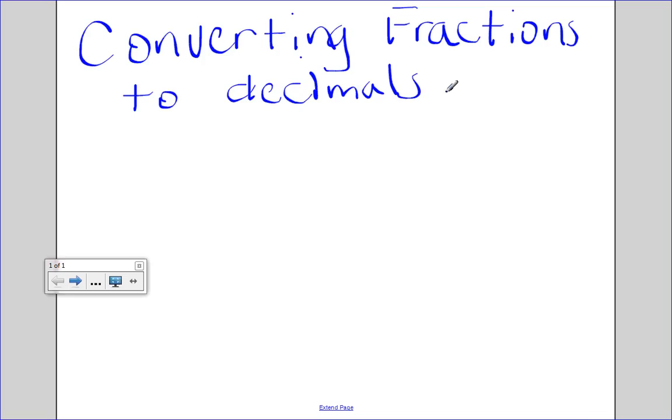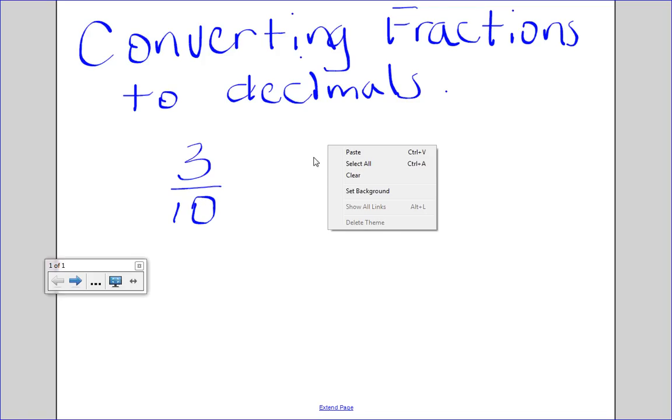Alright, so there is a relationship between fractions and decimals. As you know, and we've talked about this week, a decimal is just another way to express a fraction. For example, if we have 3/10, okay, the way that you would express that as a decimal is 0.3, right?